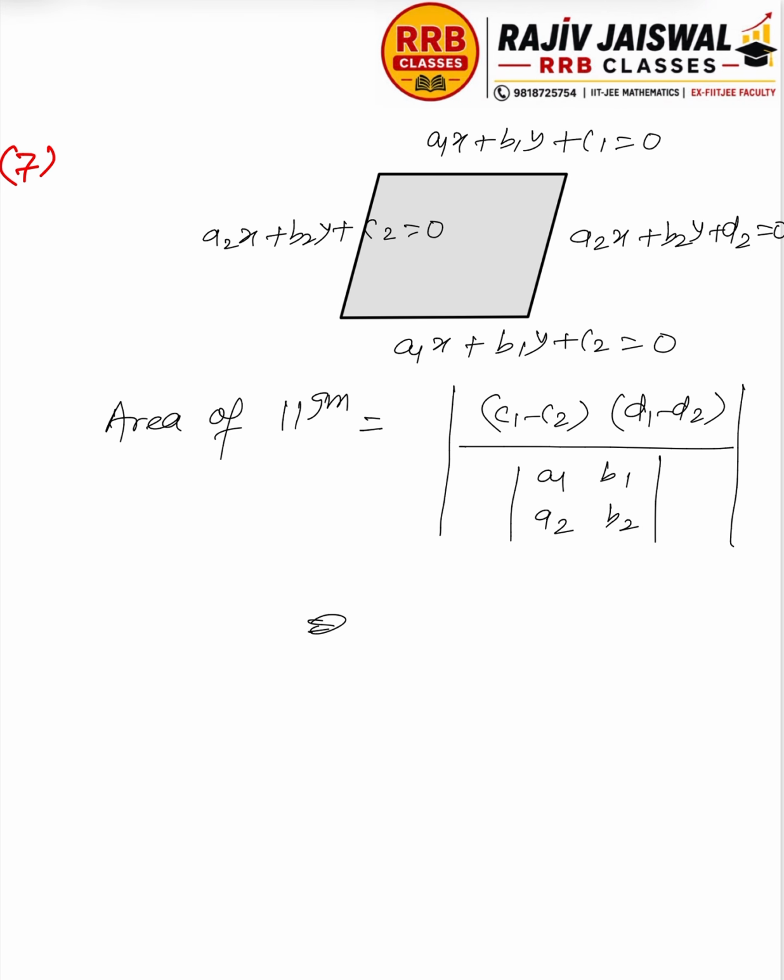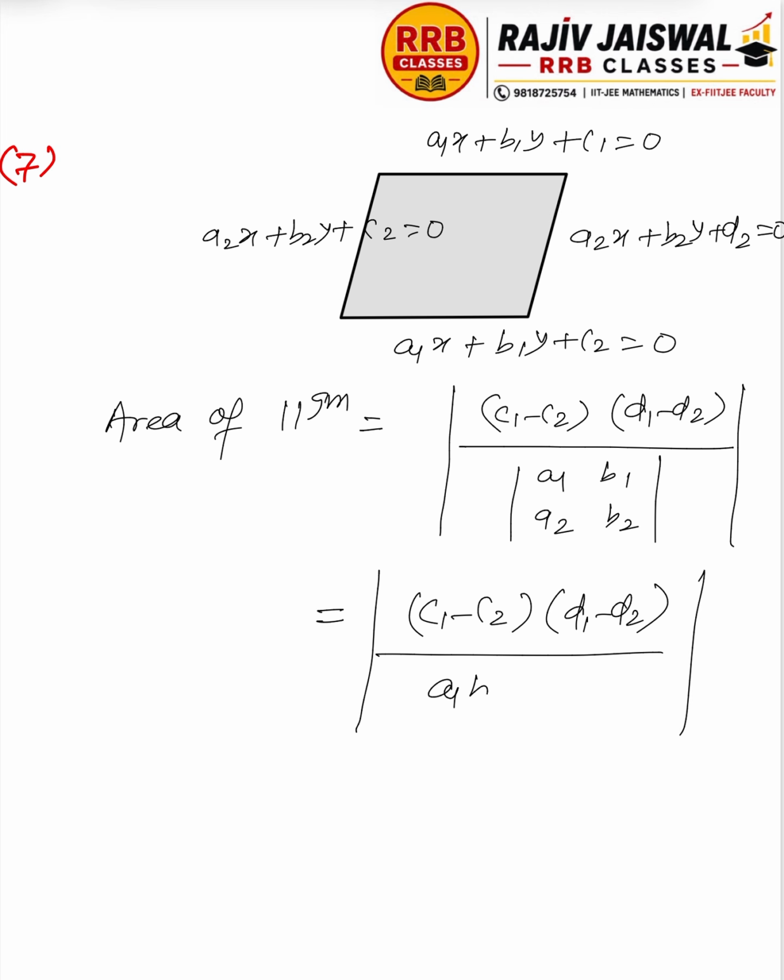It is c1 minus c2, which is the difference of the constant terms of the parallel lines, and this is d1 minus d2, and in the denominator it is a determinant whose value is a1 b2 minus b1 a2. This is the area of a parallelogram. We can remember it when the equations of the sides are known. Obviously there are different methods, but if you remember this formula, you can find the area of the parallelogram easily when the equations of the sides are known.